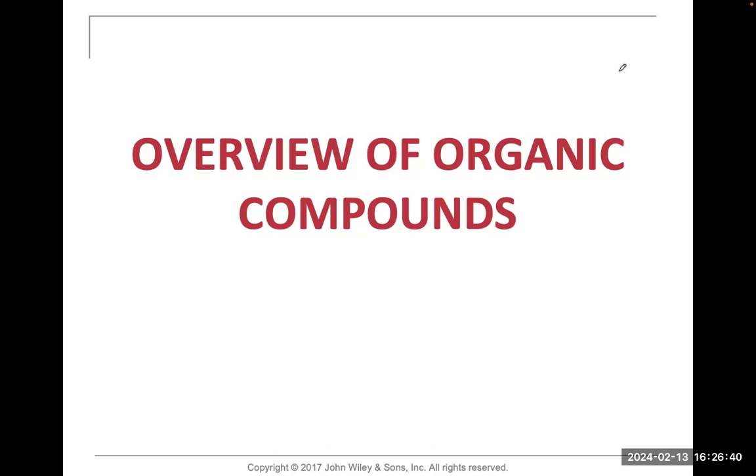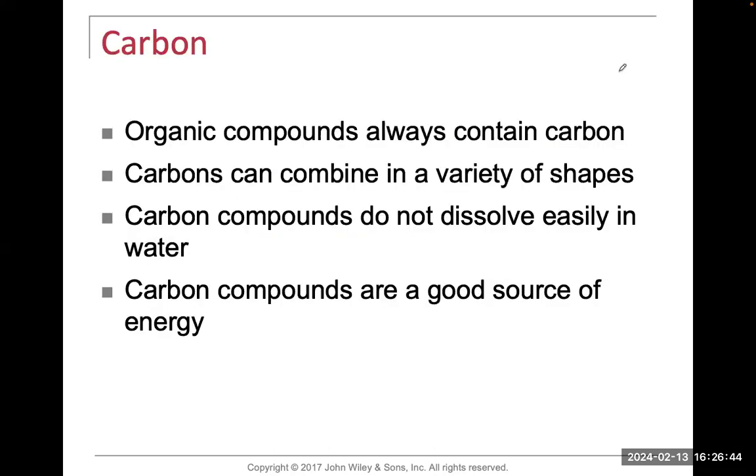So when we look at organic compounds, they are always going to contain carbon. Okay. And typically we'll see a long carbon chain, and then at the end there's going to be some sort of functional group, but it's a long carbon chain with a bunch of covalent bonds.